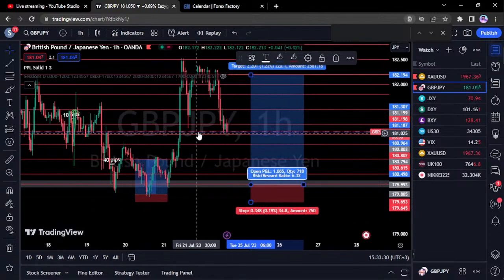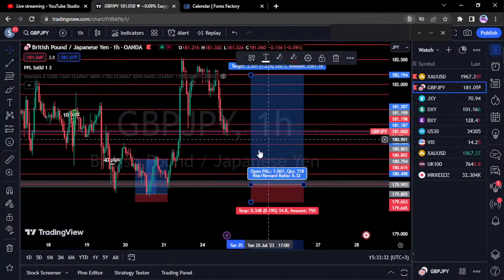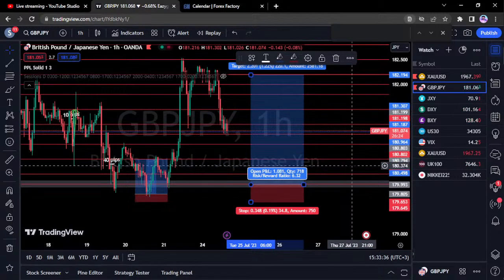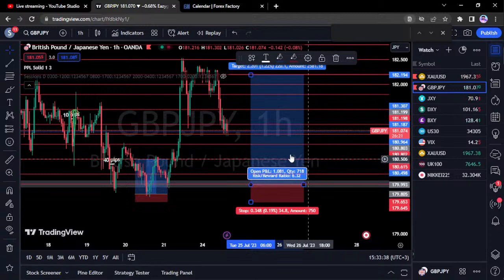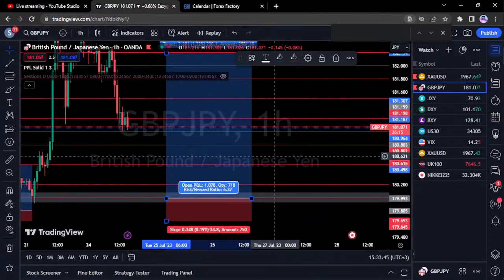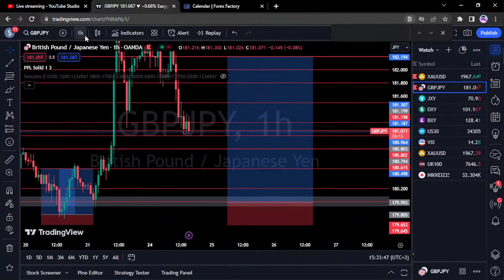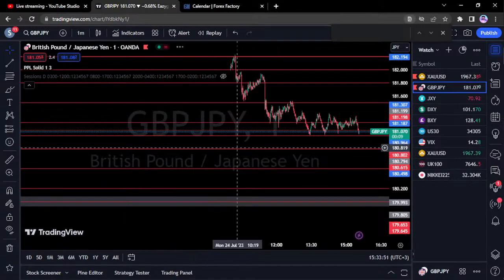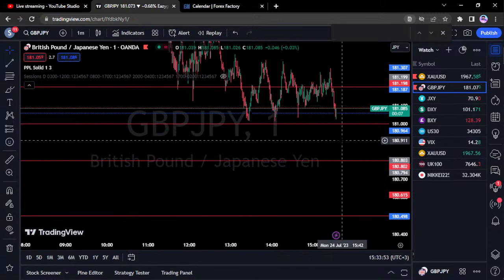Okay, so for GJ, for those patient traders who can wait, for the intraday traders, this is not a scalp setup, because for scalpers you need to be in and out as fast as possible. So as a scalper, I'd most likely monitor price action on the lower time frame, and the lower time frame for me is the 1 minute time frame.